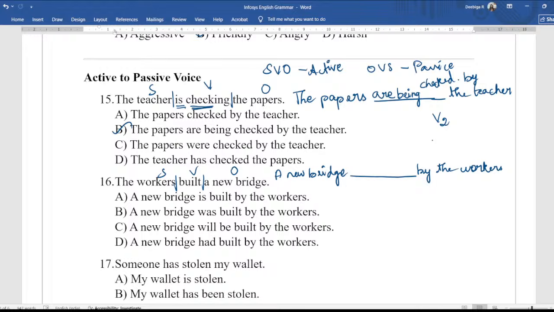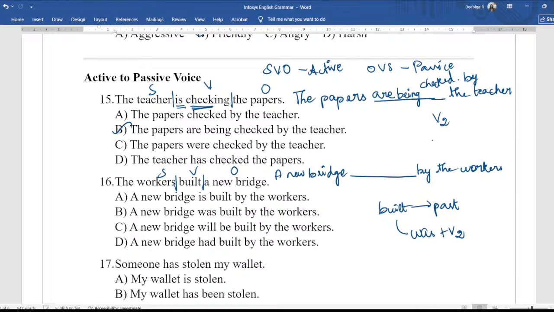So what does built denote? Built is in the past, right? Built is past. So what you need to do is add the verb. If you notice something that is in the past, they're talking about the past, means in the active form that is built. In the passive form, you have to add was plus V2.